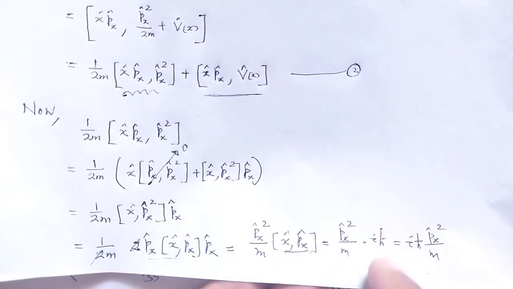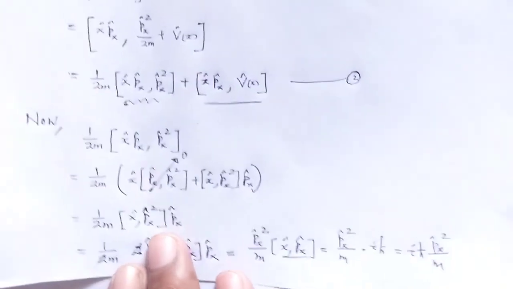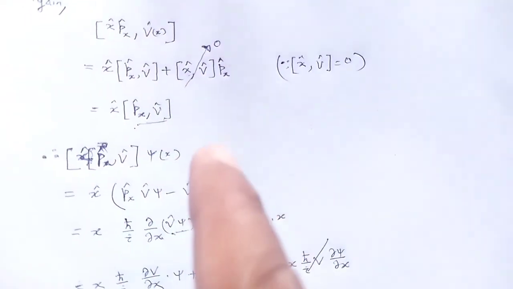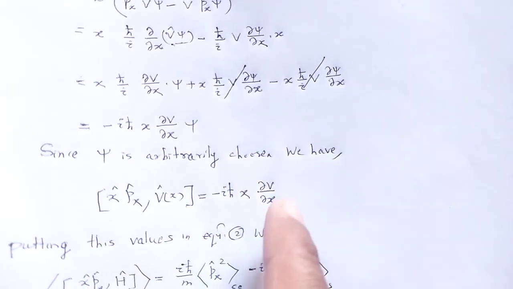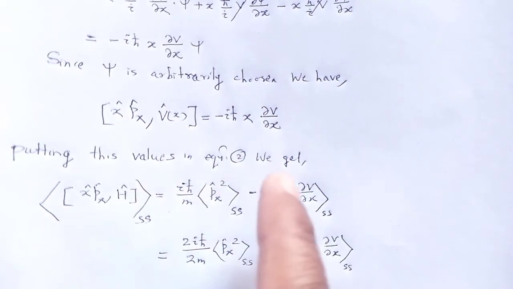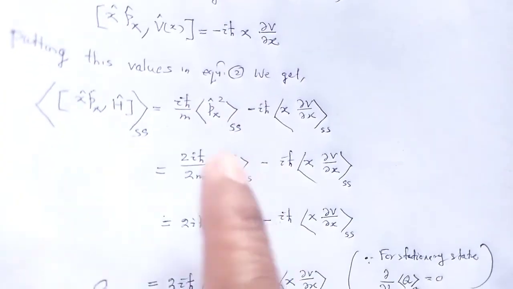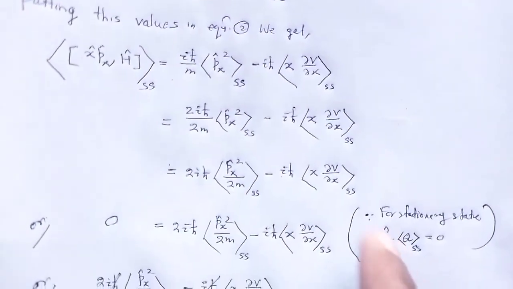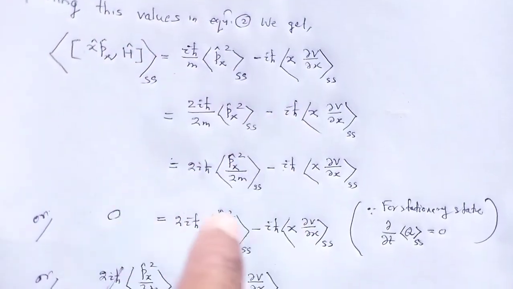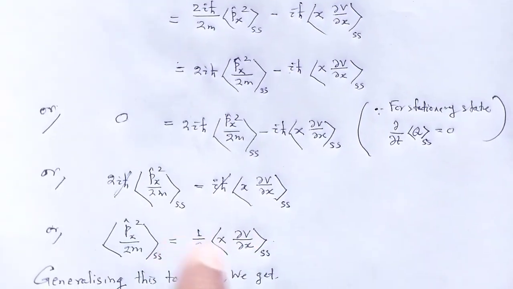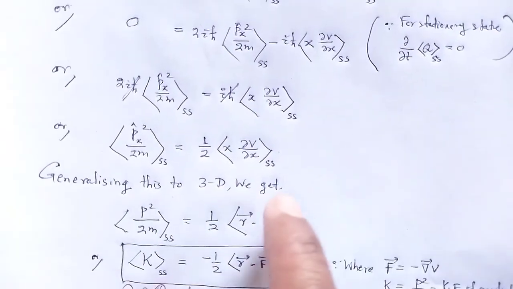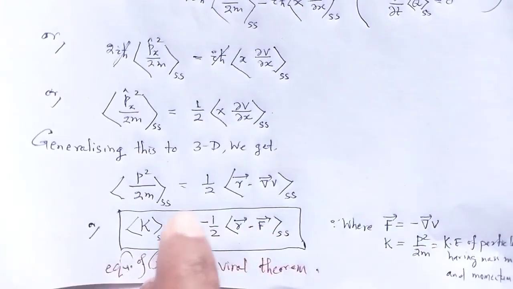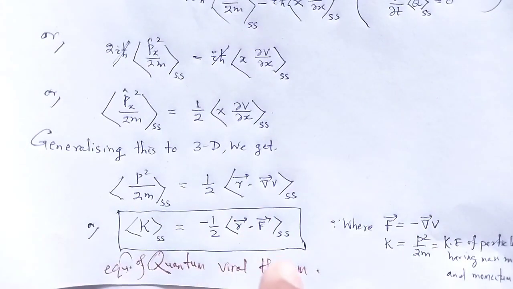The first commutation value is i h cross px square by m. The second commutation value is easily solved out. Now putting these two values, for that of stationary state, that value will be 0, each side is simplified as that one, that is for 3D, and finally we achieve the Virial theorem in quantum mechanics.